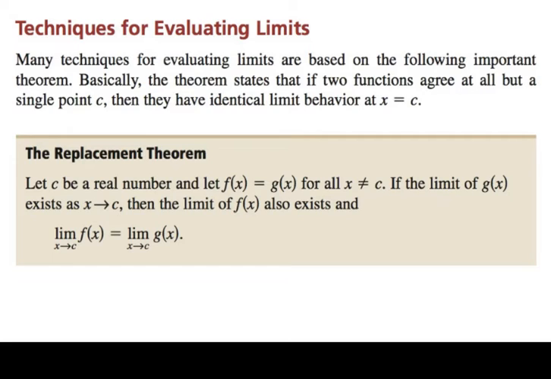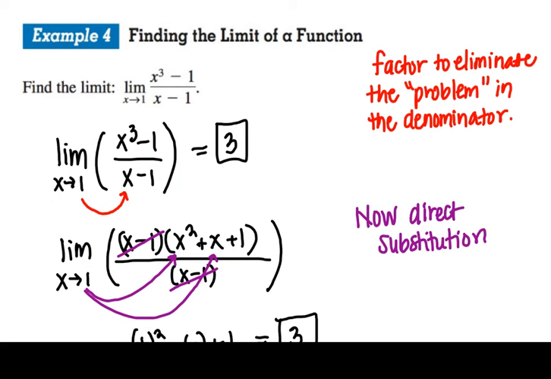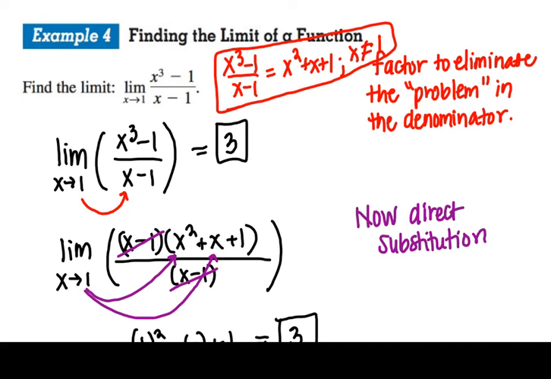So basically, what we had was this example. x cubed minus 1 over x minus 1 is equal to the simplified version, x squared plus x plus 1, as long as x is not equal to 1. And that's exactly what we did. We got an equivalent expression, not an equal expression, an equivalent expression.